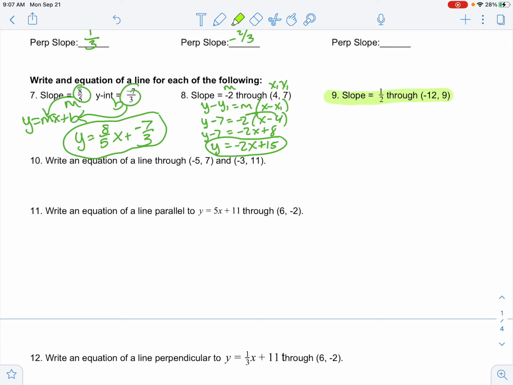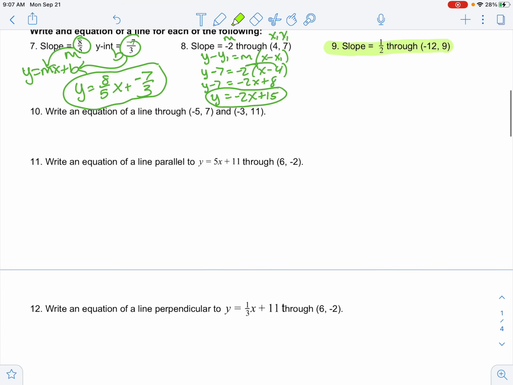Okay, so number 10 is a little bit different. It gives you 2 points. Well, what do we have to write an equation of a line? You have to have slope, and then you have to have a point. Well, it doesn't give me slope, so I'm going to have to find slope. So I'm going to label my points x1, y1, x2, y2, and then find my slope first.